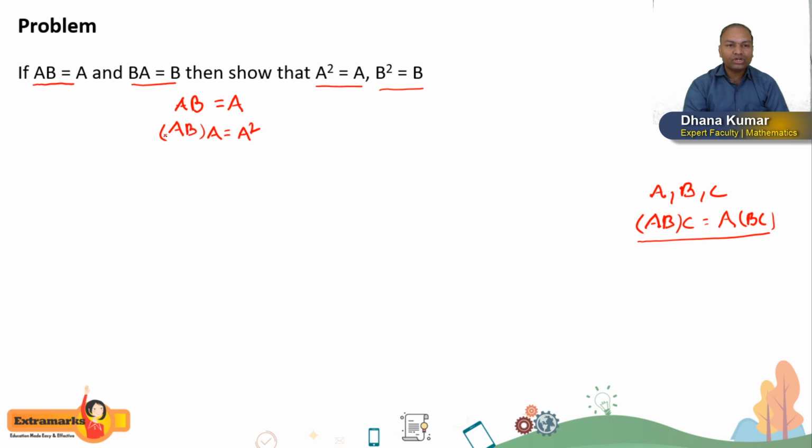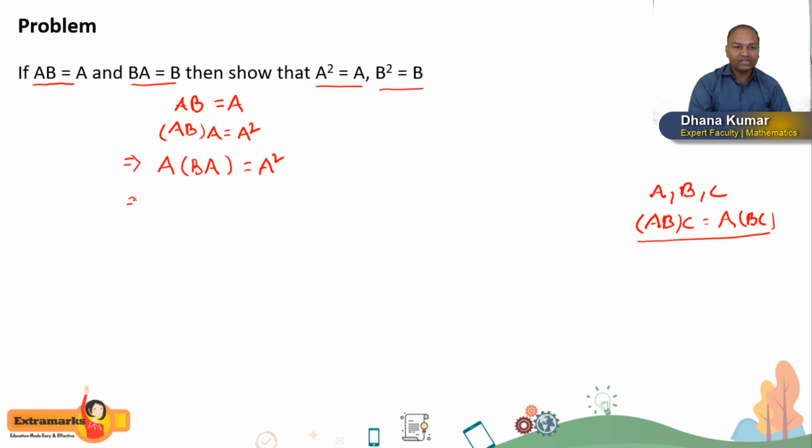Now you observe this one. It is in the form of (AB)C. Using the associative property, (AB)C is equal to A(BC). So that implies A(BA) is equal to A square.